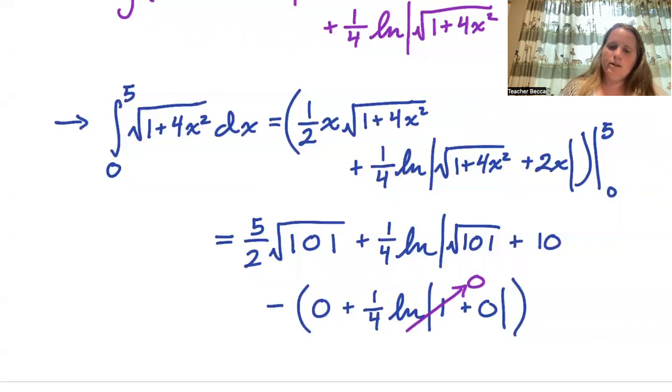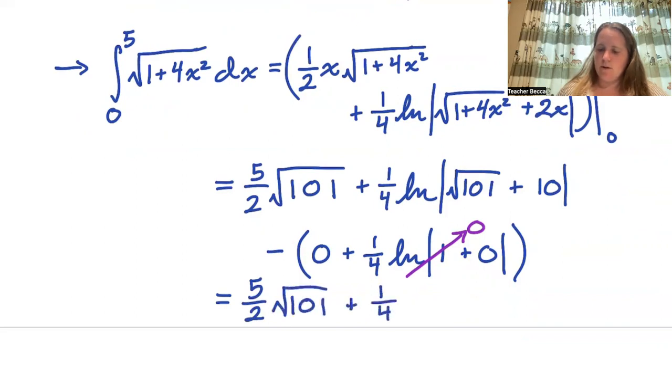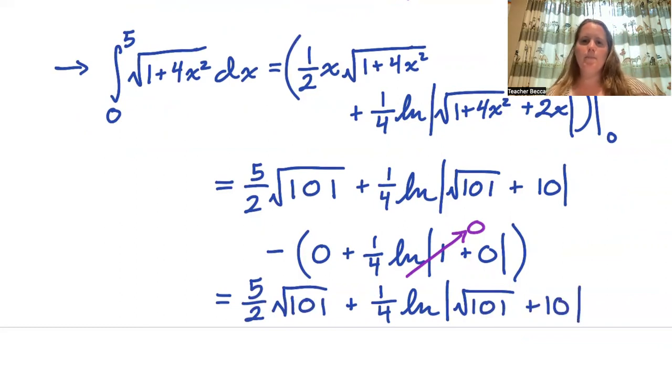And so we are just left with our arc length is 5/2 times the square root of 101 plus 1/4 times the natural log of the absolute value of the square root of 101 plus 10. So this is our arc length.